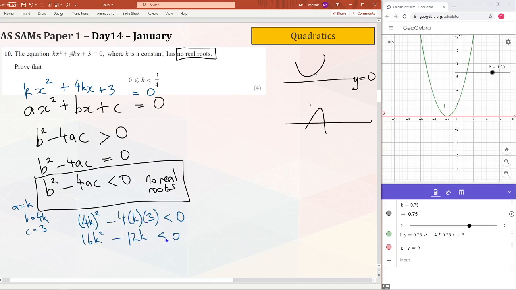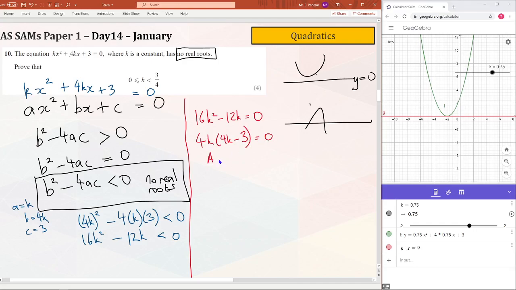And at this stage, the way I would handle this is I would just turn this question into an equation, because I think that really helps people to understand what's actually happening and solve for k. So I would do 16k squared minus 12k is equal to 0, and solve this like you would normally. So factorize: 4k(4k minus 3) is equal to 0.